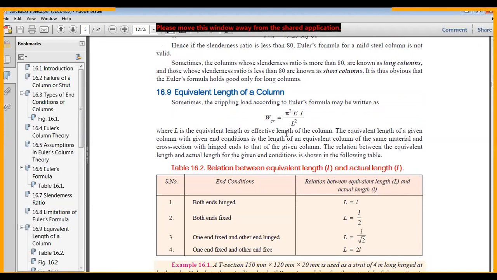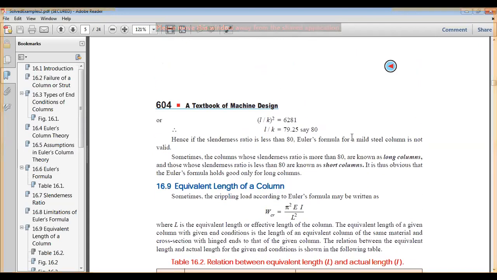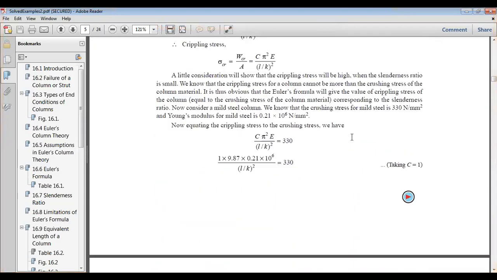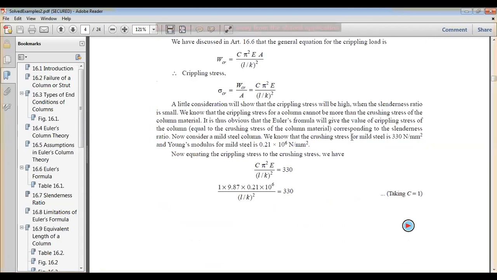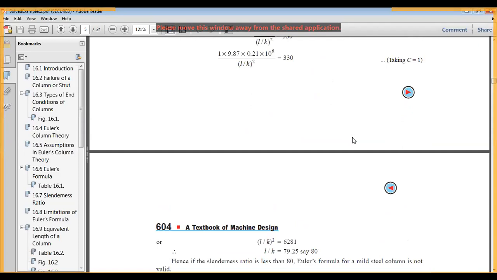The crippling load according to Euler's formula is given as WCR equal to pi square EI by L square, where L is the equivalent or effective length. So we can see here L by K, C pi square E by L by K squared.